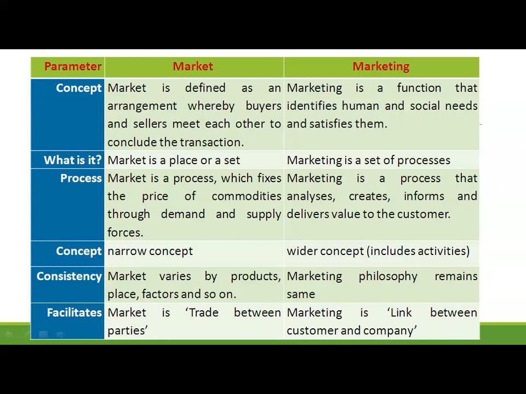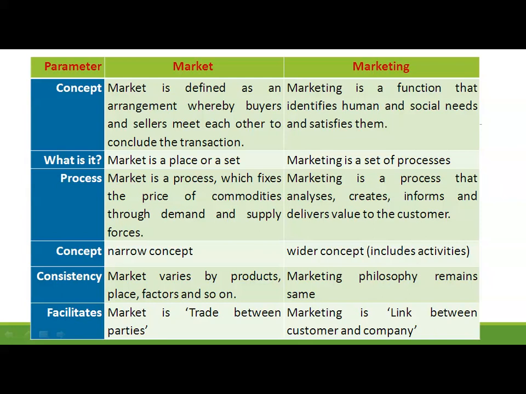First is the definition. A market is defined as an arrangement whereby buyers and sellers meet each other to conclude the transaction between them. And marketing is a function that identifies human and social needs and tries to satisfy them. Now, what is the market? A market can be a place or it can be a set.